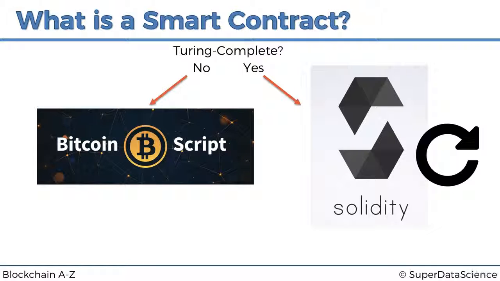And the reason it's not in Bitcoin script is not by accident, it's intentional. They did not include it in Bitcoin script because, as we will see further down, smart contracts or programs on blockchains actually run on every single node in the chain, and they can really slow the chain down.